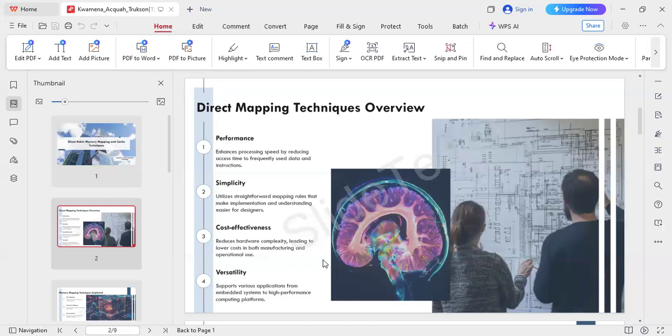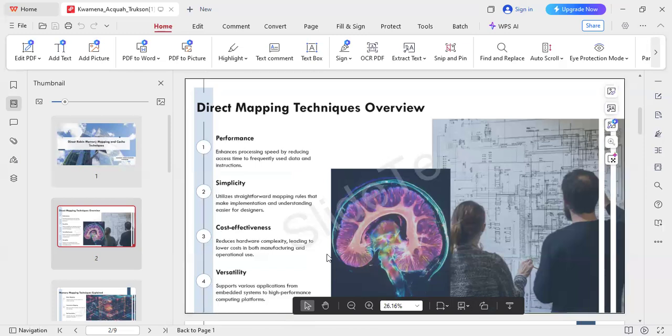And the last one is versatility. So with this, it supports various applications from embedded systems to high performance computing platforms. So you could see here, I used a brain.